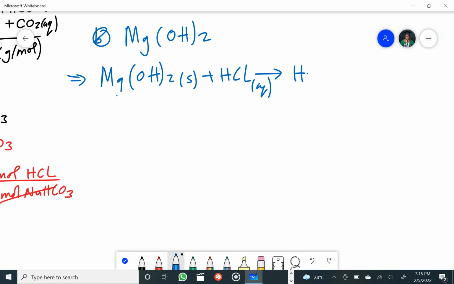And then you have, okay, someone tell me whether this is balanced or not. Is it balanced?